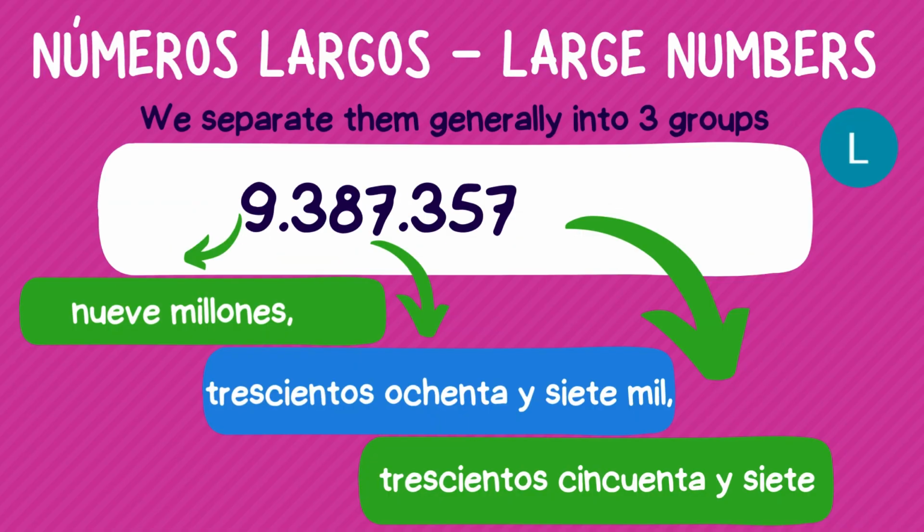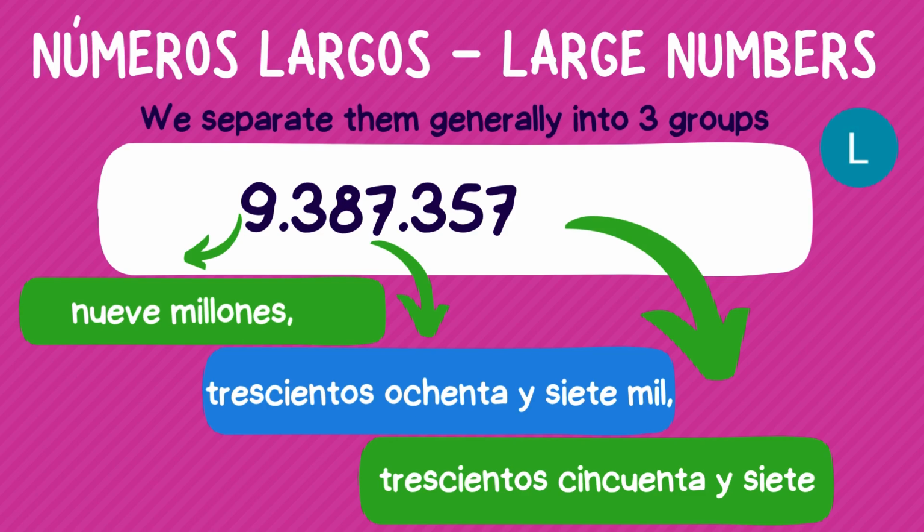Now, what about when we have large numbers? Números largos. We separate them generally into 3 groups. The first group here will be the 9 million. So I'm going to write 9 and then millón. Here, because 9 is plural, I'm going to write it with an ES instead of how I wrote 1 million. 1 million, to recall, I said un millón. There was no ES there. Here you see the ES because it's making a plural. 9 millones.